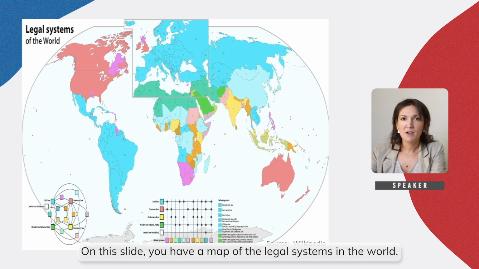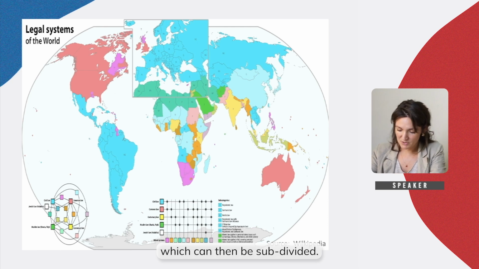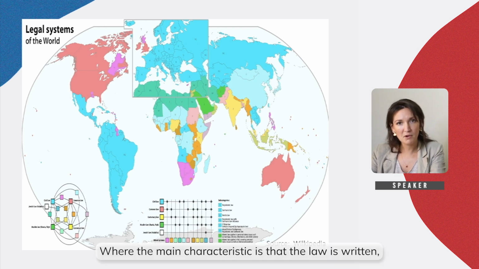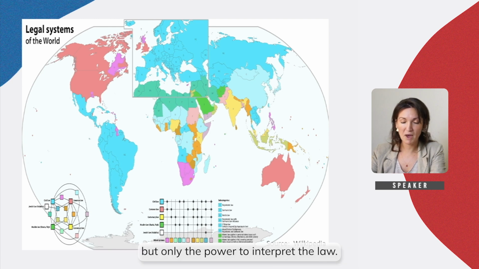On this slide, you have a map of the legal systems in the world. In blue, you have the civil law countries, which can then be subdivided, where the main characteristic is that the law is written, codified, and the judge does not have the power to create the law, but only the power to interpret the law.